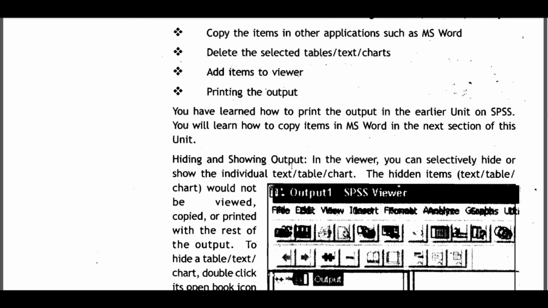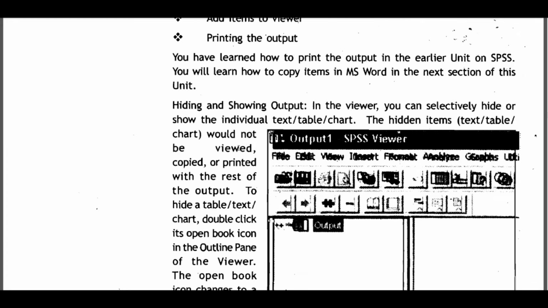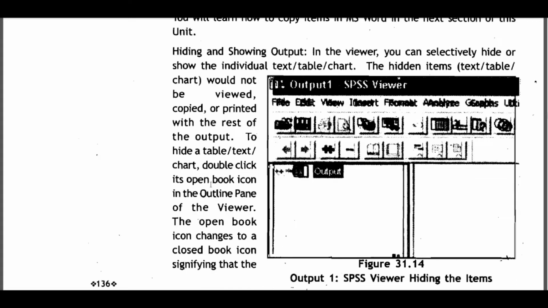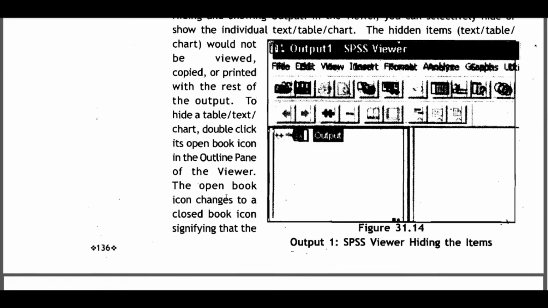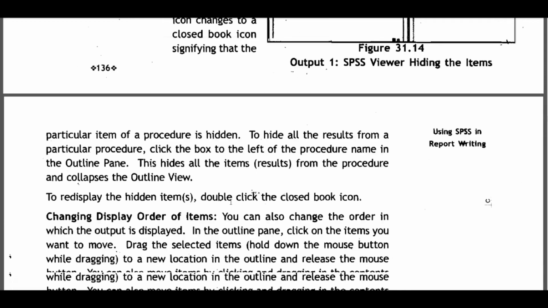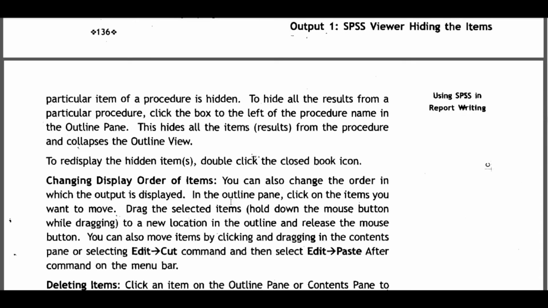Hiding and showing output. In the viewer, you can selectively hide and show individual text, tables, etc. The hidden items will not be viewed, copied or printed with the rest of the output. To hide a table, text or chart, double-click its open book icon in the outline pane of the viewer. The open book icon changes to a closed book icon, signifying that the particular item is hidden.